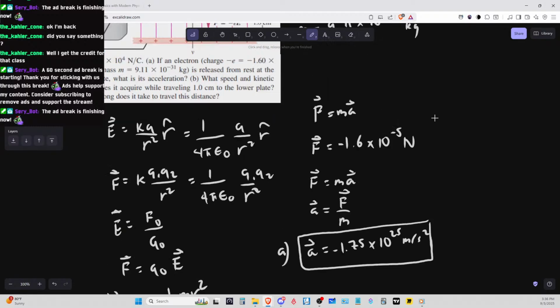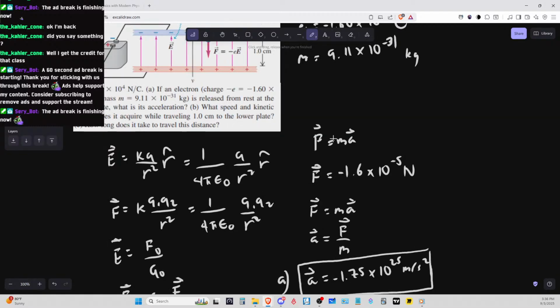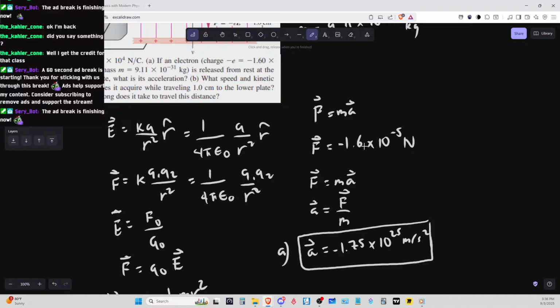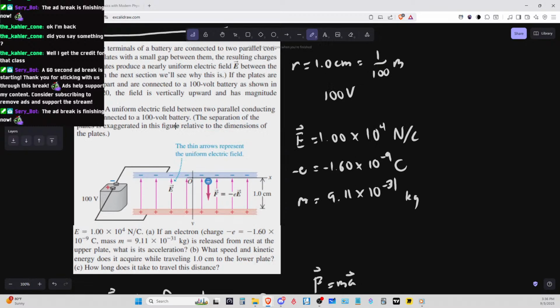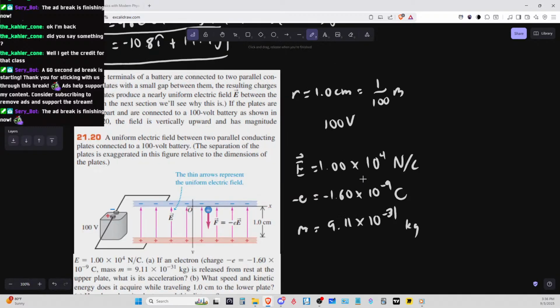Did I make a miscalculation somewhere? Or maybe I miswrote. Let me check my calculations. No, it says 25. Why is it 25? Let me check if I made the conversions wrong. More likely I probably did the conversion wrong.